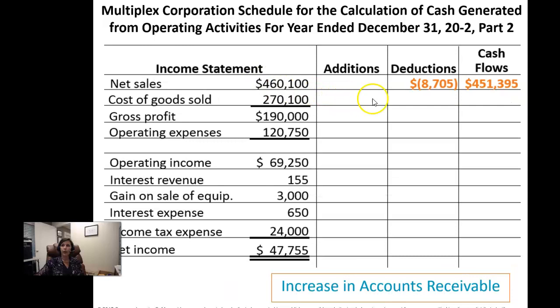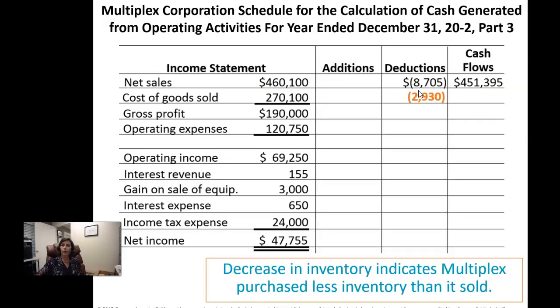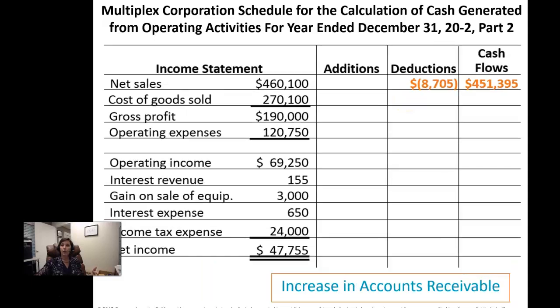We have deductions of $8,705, and we're not going to go through the T accounts for these examples, but hopefully you will remember that what we're looking at here is our accounts receivable, which is increased by sales, decreased by payments from customers, and gets us to the ending amount.